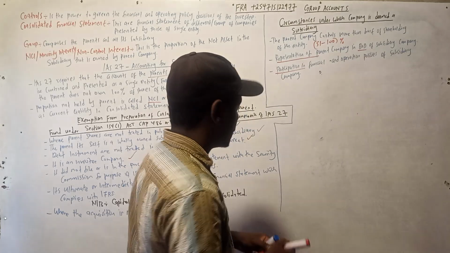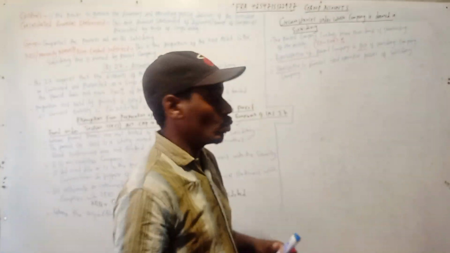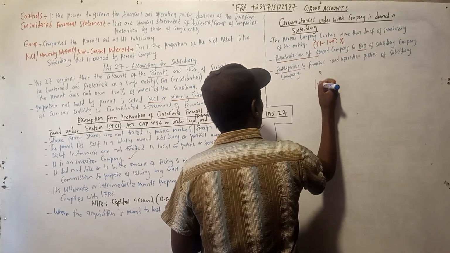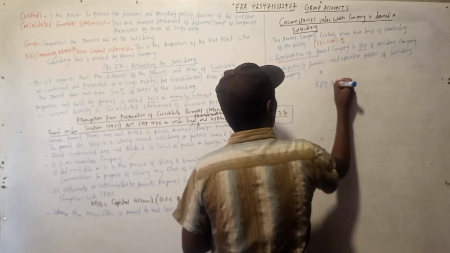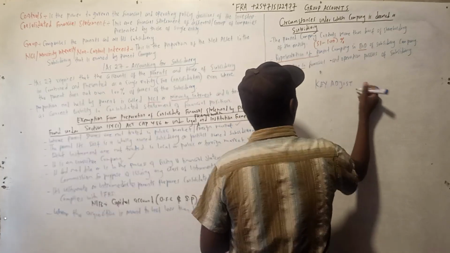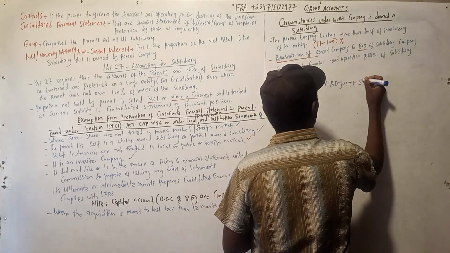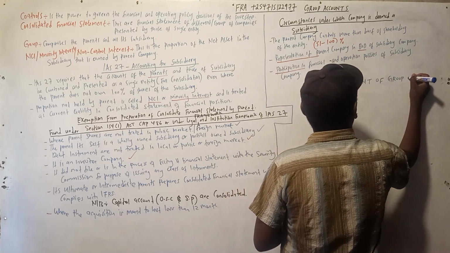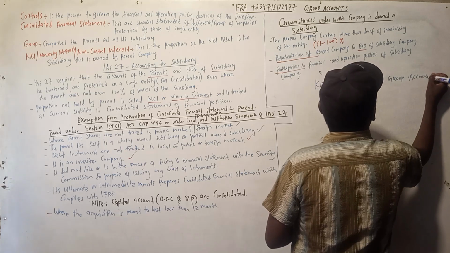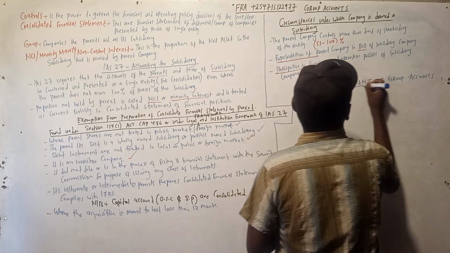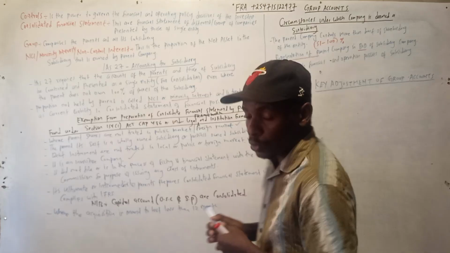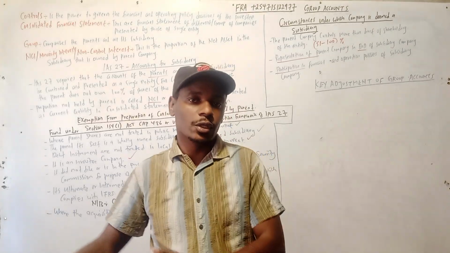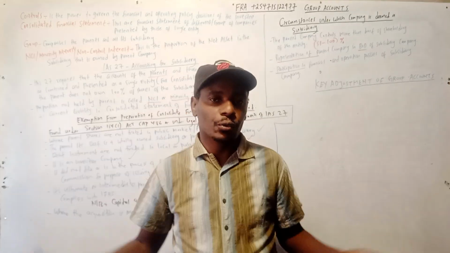So I think this one will mark the end of lesson 1. Lesson 2 will start with the key adjustments of group accounts, which is very important. All those key adjustments that we shall talk about are what you shall find in your additional information when doing acquisition of group accounts.